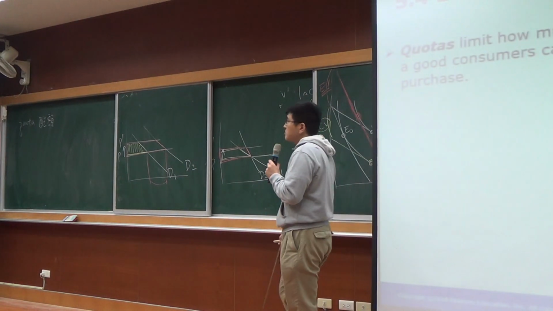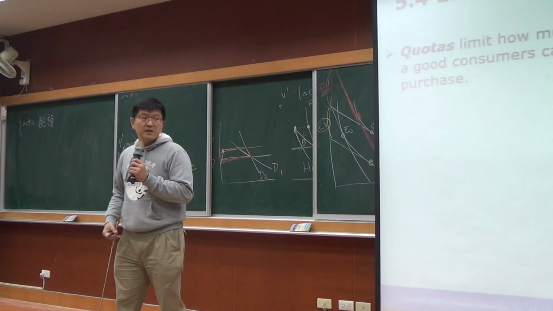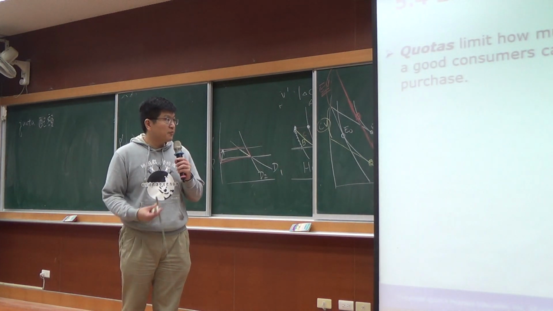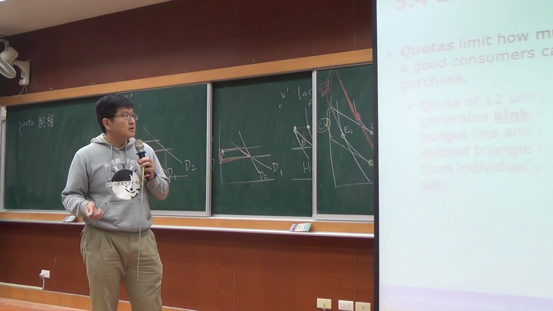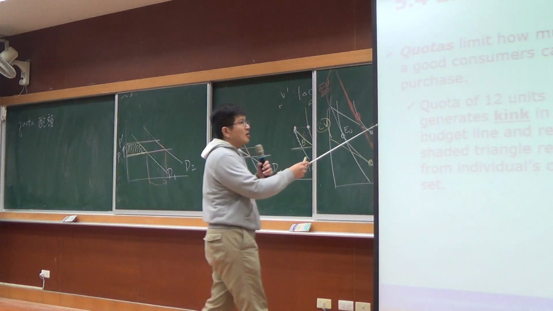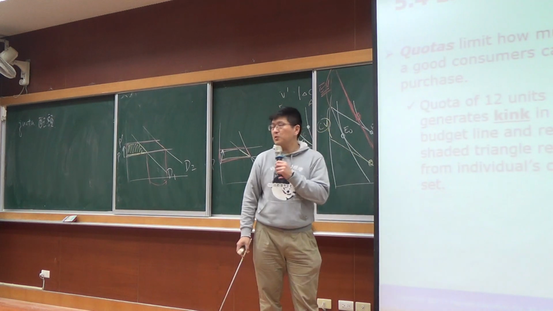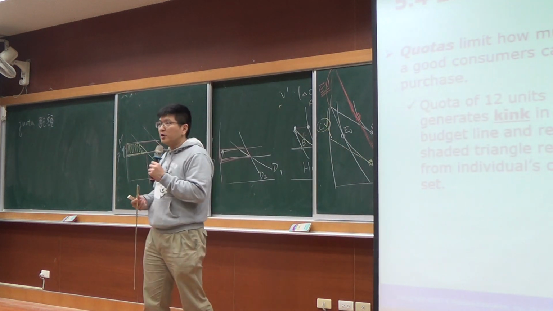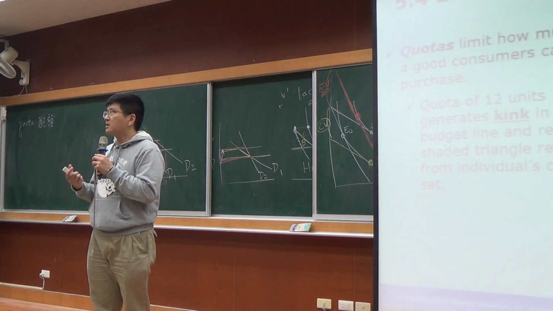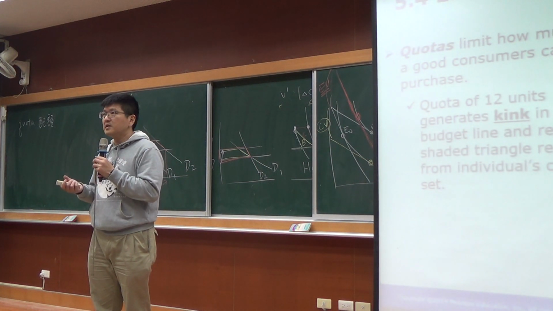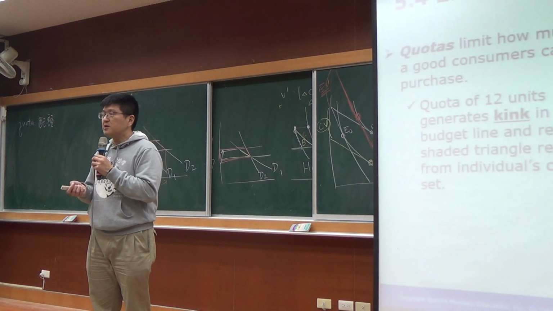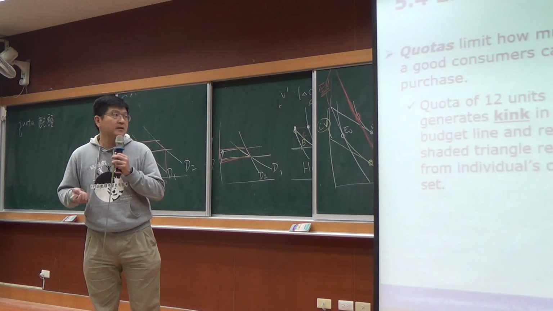Your optimal solution on Q1, on commodity 1, would be 24. However, if there is a quota of 12 units, what does that mean? It means you are required to consume at most 12 units of commodity 1.